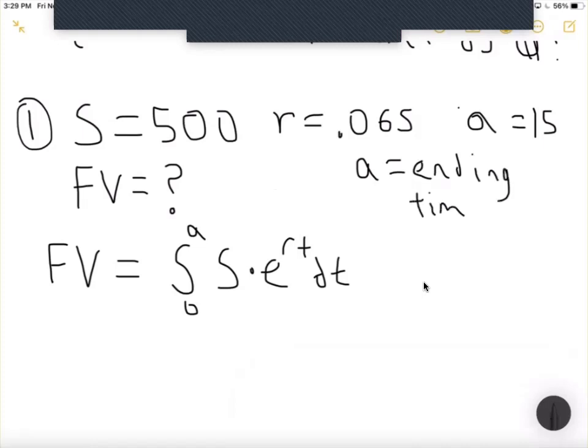time. It's very easy to make the mistake of plugging 15 in for t. I completely understand why you think that. But again, in our integral, t represents all the times from 0 to a, not just the ending time. So whenever we're finding a time using our income streams, that time that our investment is in there for represents a, not our t. So make sure you plug it into the correct spot.